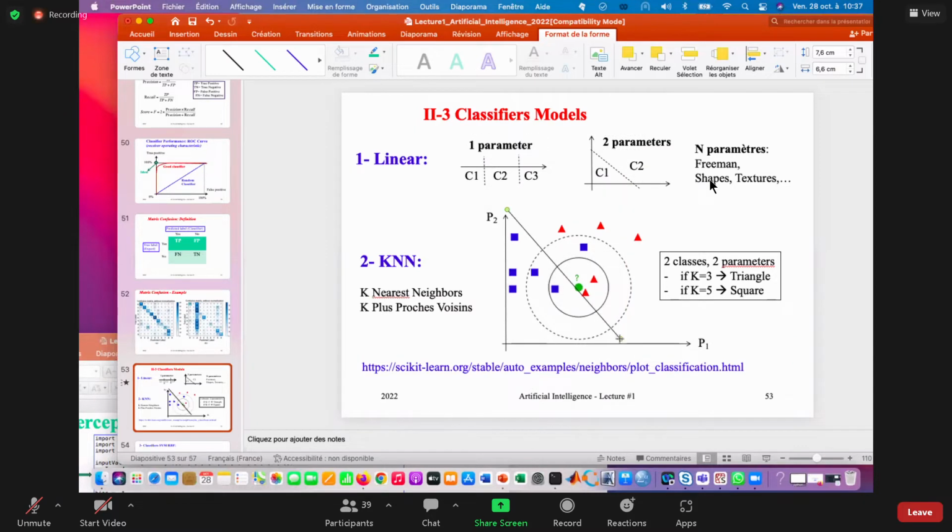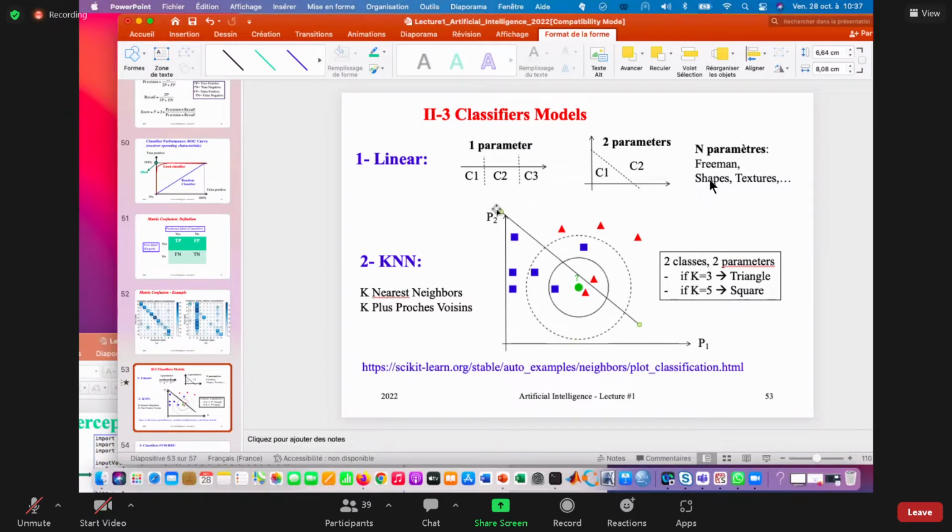So it will be perfect for the square classification, because all the squares will be recognized perfectly. But with the triangle there were mistakes here, okay? So as you can see, with linear separation, it's impossible to do that, okay?